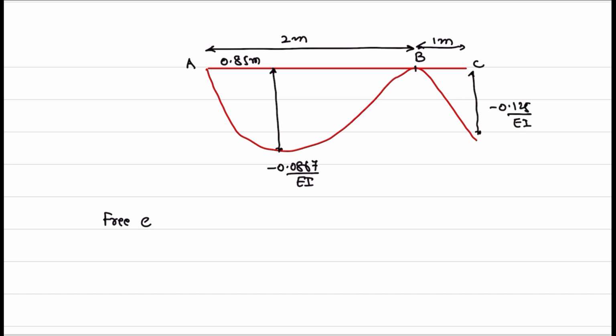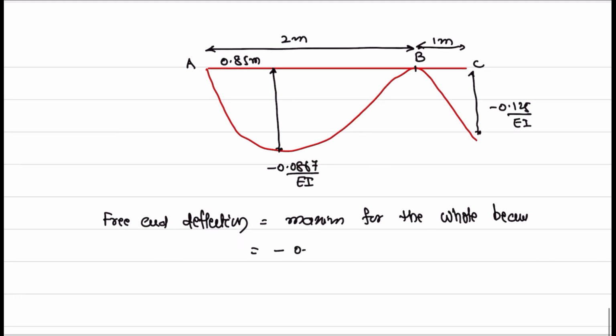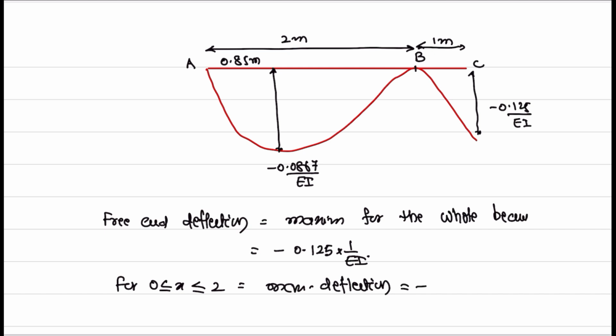Free end deflection is equal to maximum for the whole beam, that is equal to minus 0.125 into 1 by EI, whereas in between the beam section for 0 less than or equal to x less than or equal to 2, maximum deflection is equal to minus 0.0867 by EI.